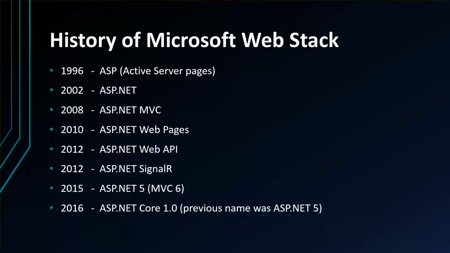In 2015, ASP.NET 5 and MVC 6 were the major releases with respect to the web stack from Microsoft. In 2016, Microsoft renamed ASP.NET 5 and MVC 6 as ASP.NET Core 1.0.